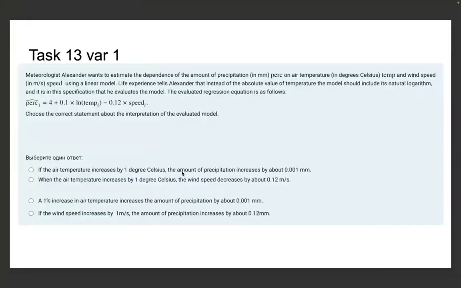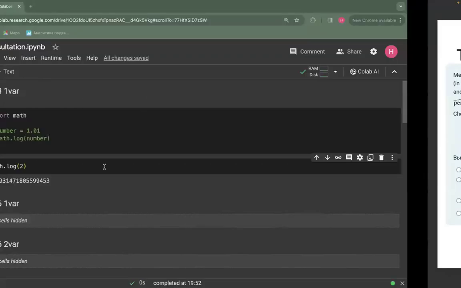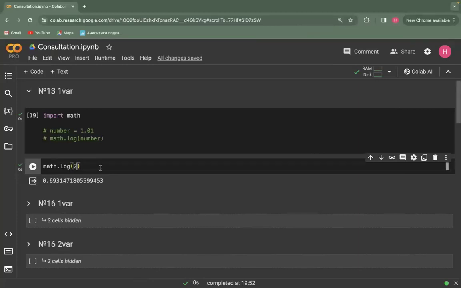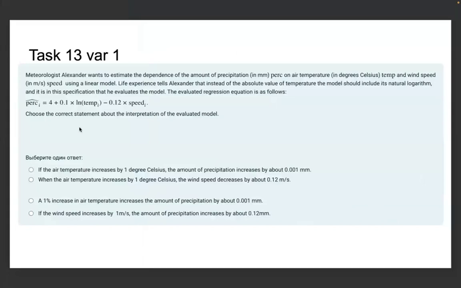So in the task, it says that the air temperature increased by 1 degree. So for example, the previous temperature was 2 degrees, and we can see that perc is equal to 0.1 multiplied by the logarithm of temperature.